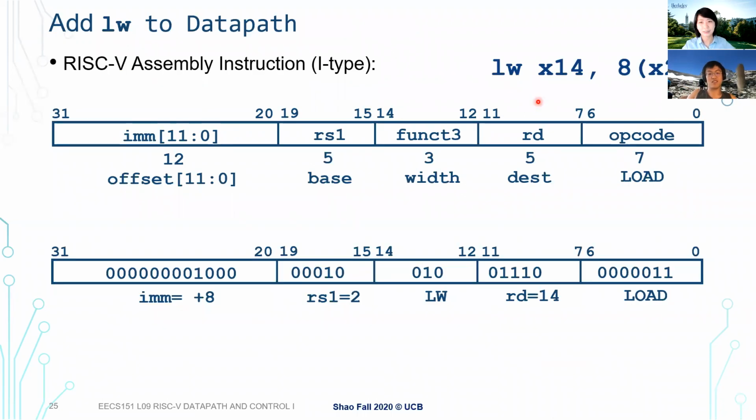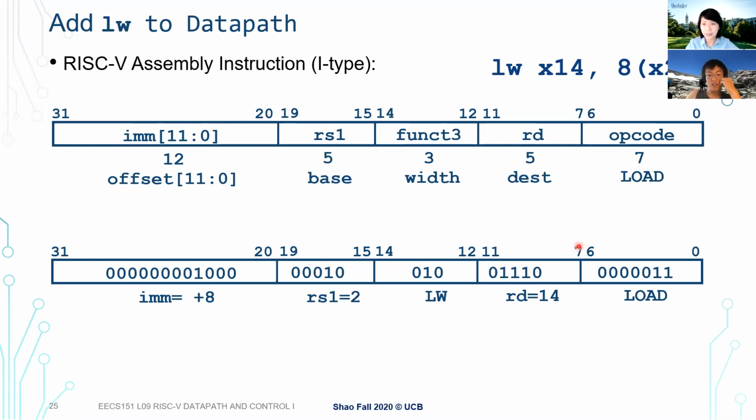Let's take a look at an instruction. Let's say we have a load word instruction, which loads 4 bytes from memory. The first field is still the destination register, which is 14. So in the destination register field, we encode 14, because we want to write to the 14th register. Then we also need to calculate the address we want to access.